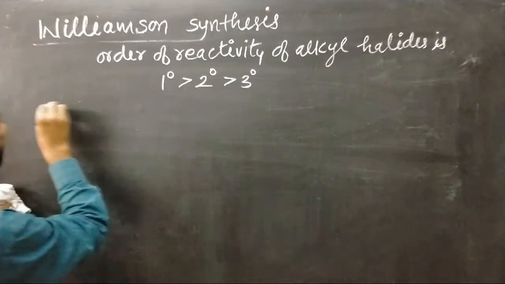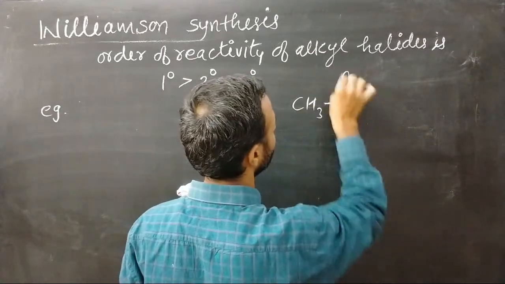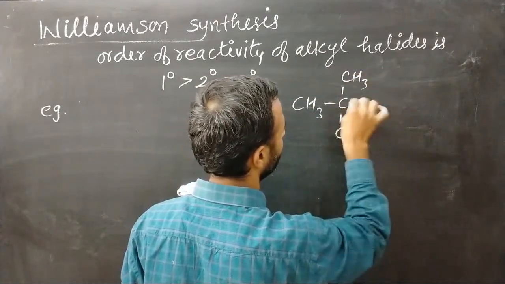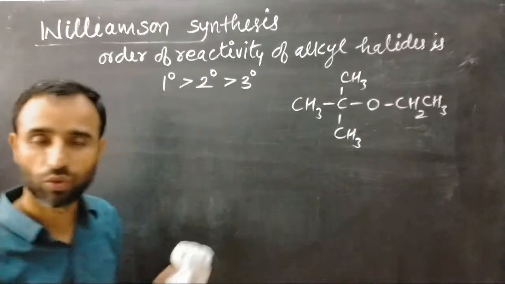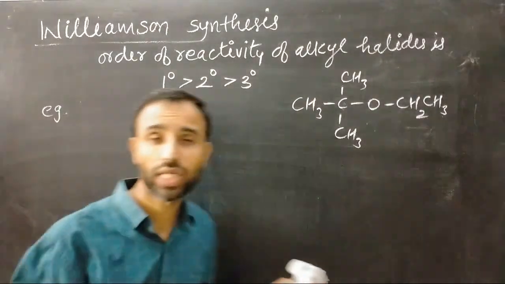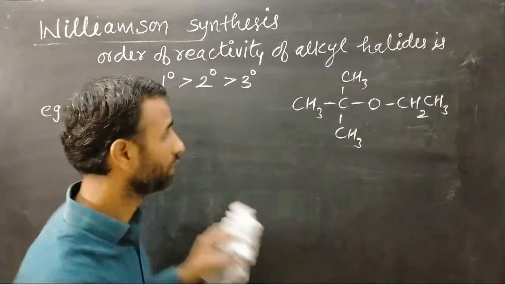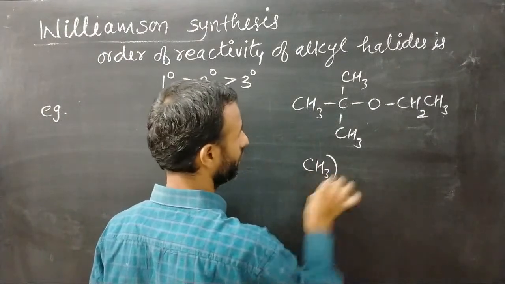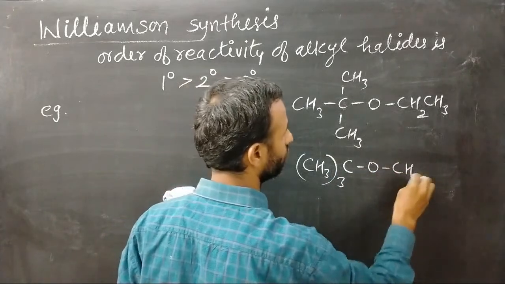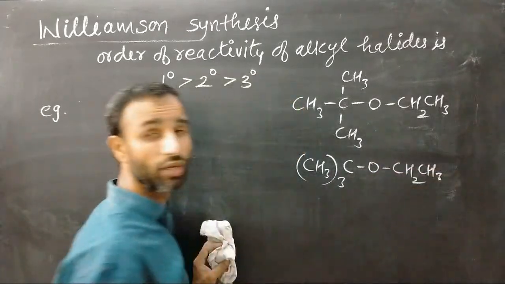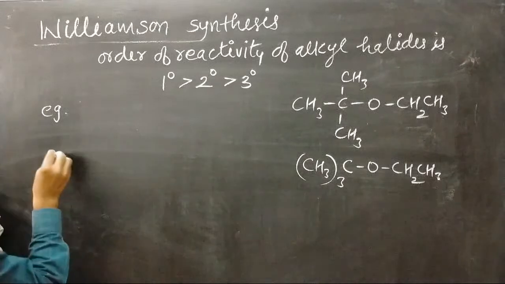For example, to prepare this ether. So tell me, what is the sodium alkoxide or alkyl halide? You can write it like this: (CH3)3C-O-CH2CH3. Which alkyl halide do we have to use? There are two options.